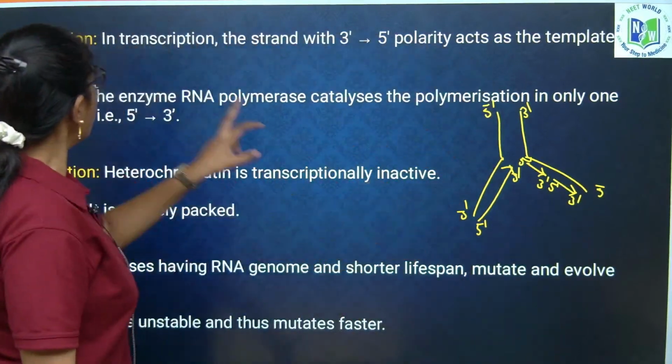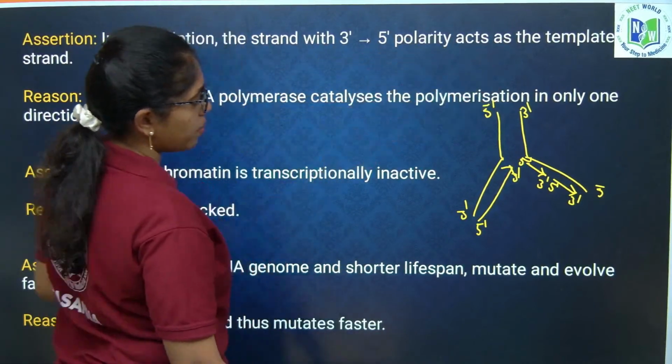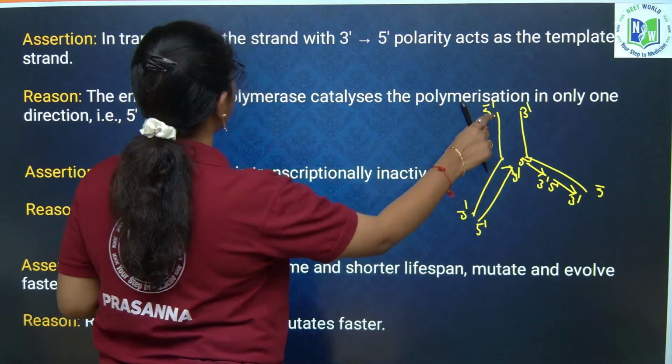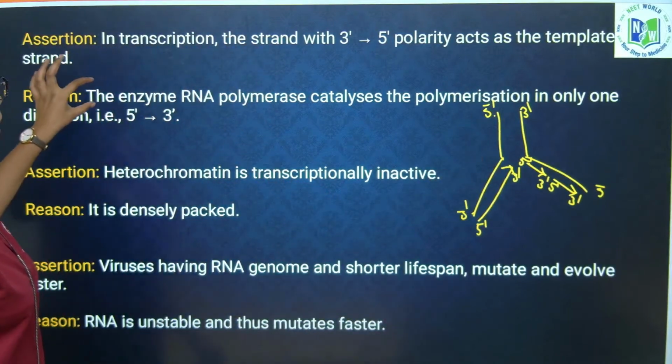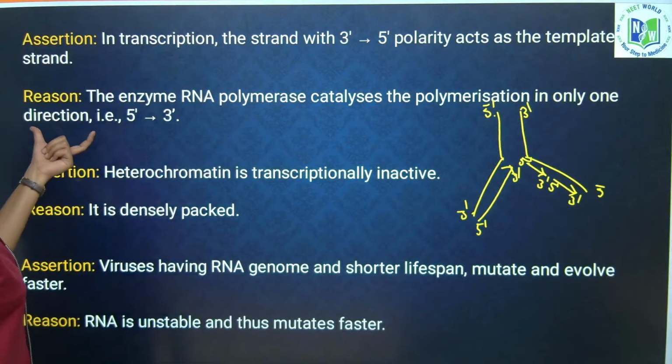So in transcription, the strand with 3' to 5' acts as template. Yes, 3' to 5' is acting as template. The enzyme RNA polymerase catalyzes polymerization in only one direction.